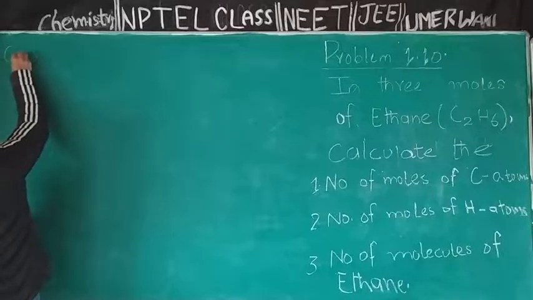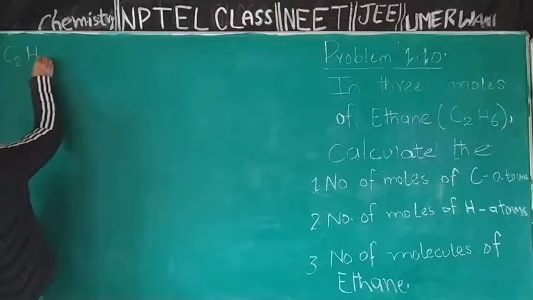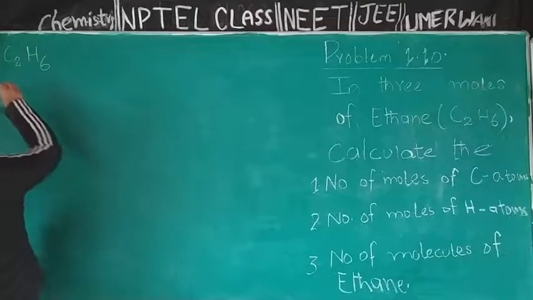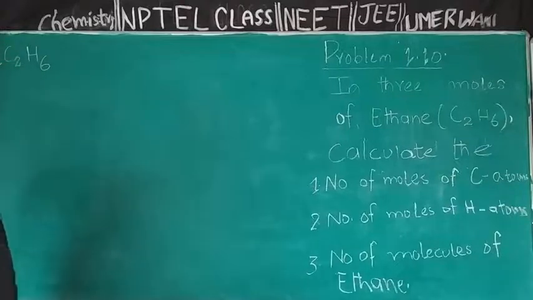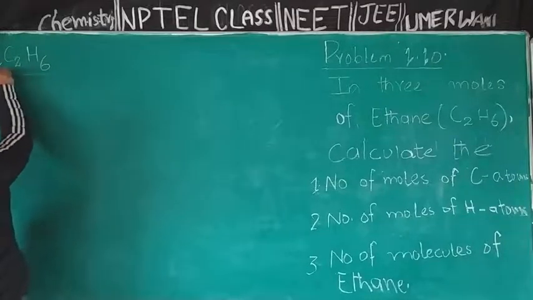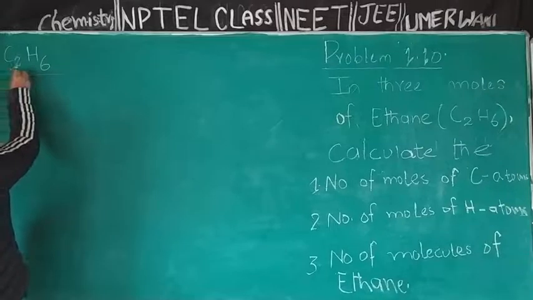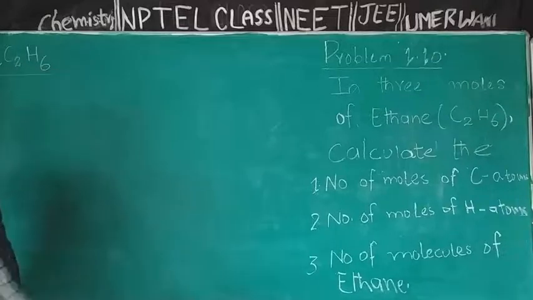Chemical formula of ethane is C2H6, and its molecular formula represents its 1 mole, and 1 mole of ethane contains 2 mole atoms of carbon and 6 mole atoms of hydrogen.